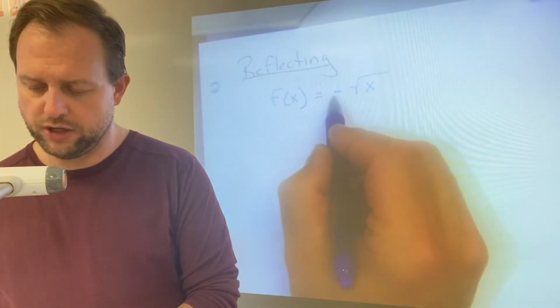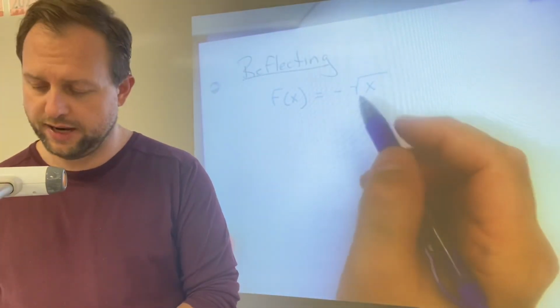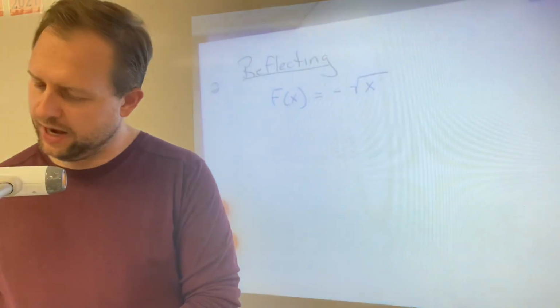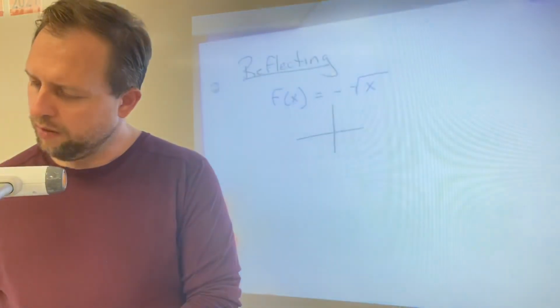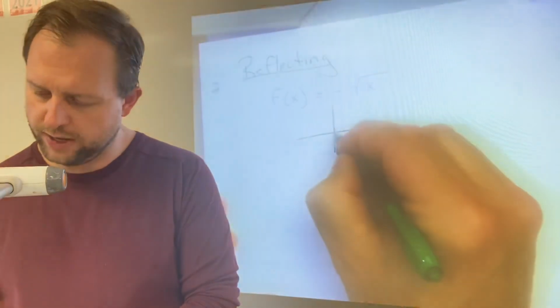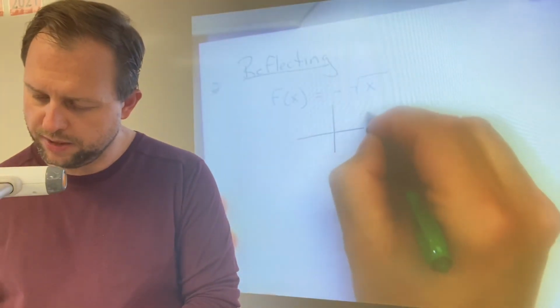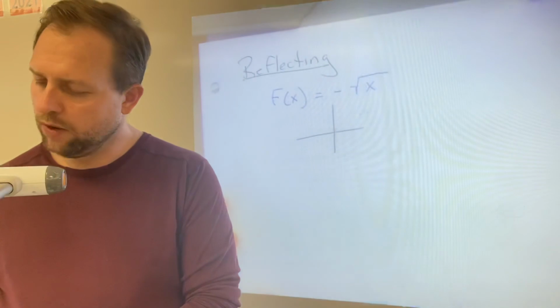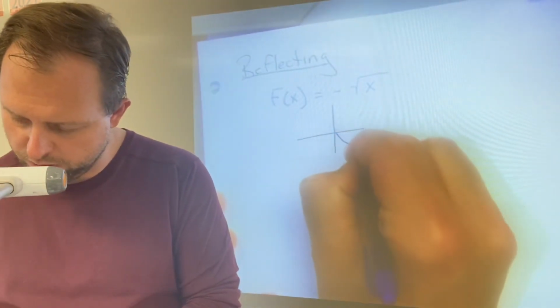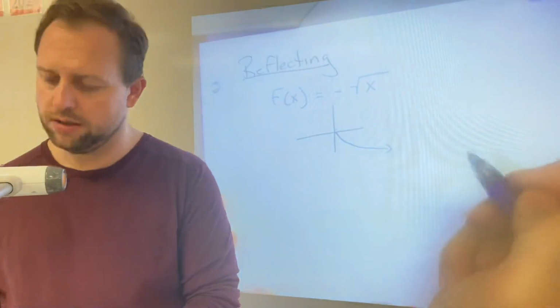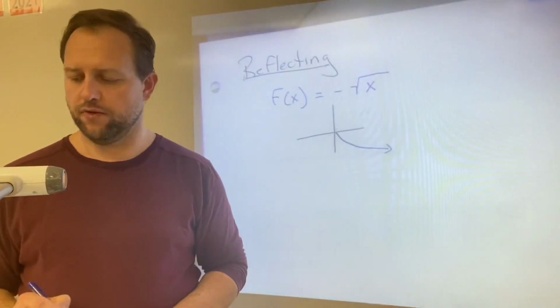It's going to basically change all the values from positive to negative. So whereas on our axis we had a curve that went up and out like that, we're going to have the opposite happening. It's going to be coming down and out like this as a reflection over the x-axis.